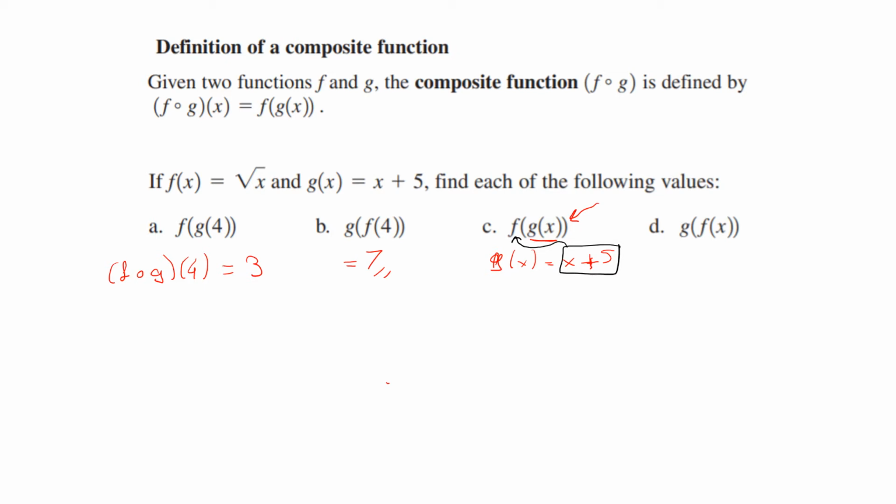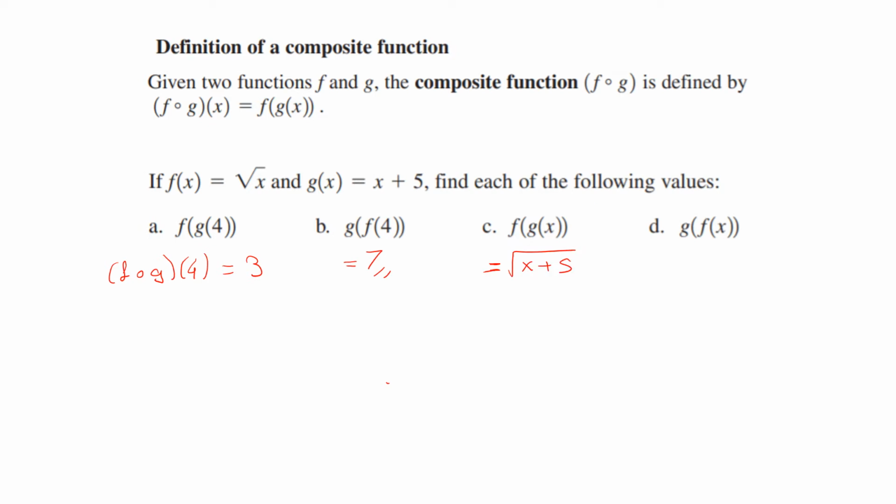What's my outside function? My f(x) is root x. Since I'm plugging this in as my x value, like we did over here and over here, I say my x is x plus 5, which is the same thing as saying g(x), and that gives me root of x plus 5, and that will be your answer.